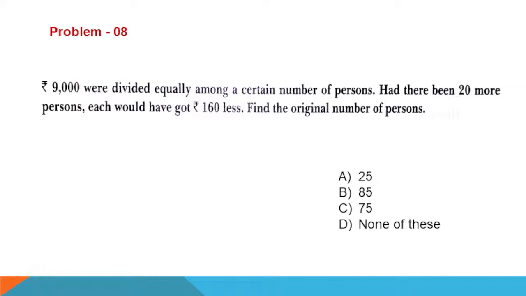Had there been 20 more, that is, if the number of persons be increased by 20, each would have got rupees 160 less. Find the original number of persons.